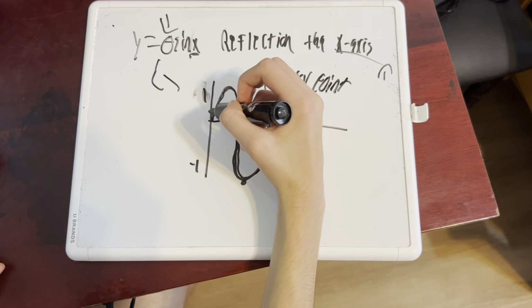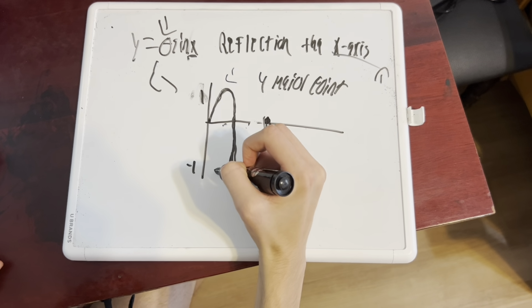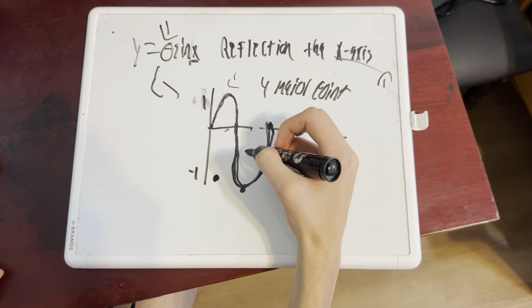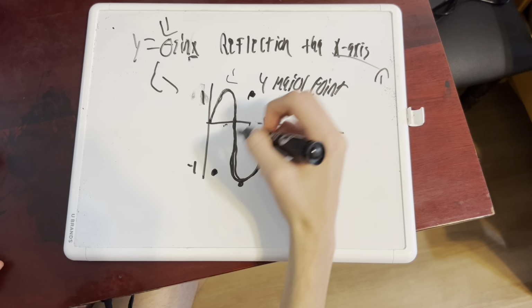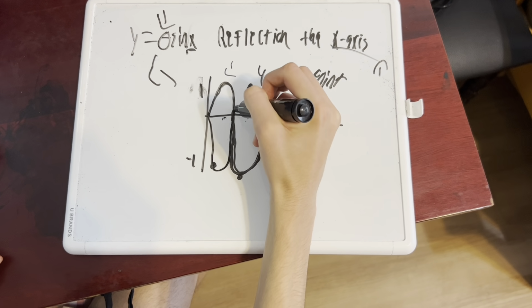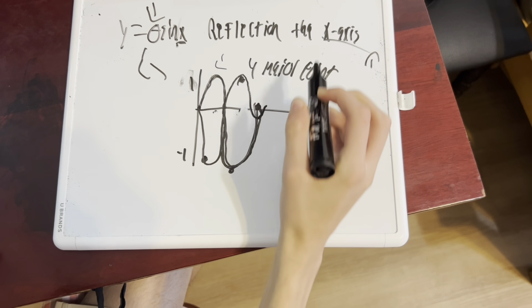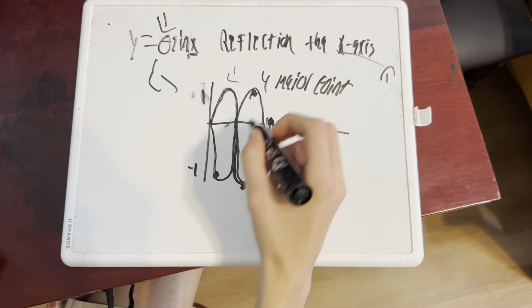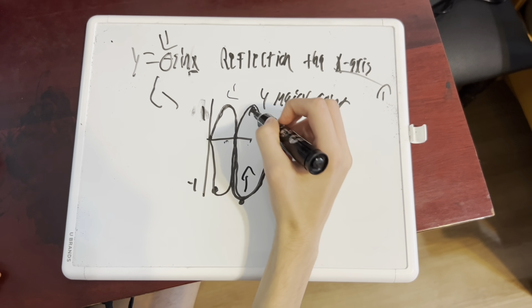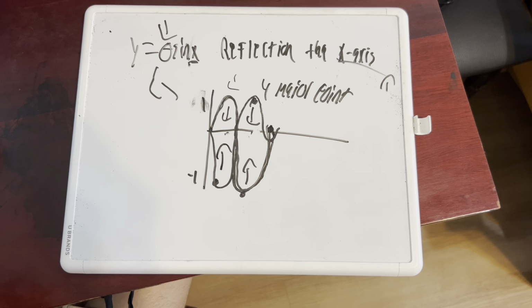A simple way of doing it: whenever you have your intercept, it is the same. Whenever you have this, just negate it to here, intercept the same. This one now negate it to here and intercept the same. So your graph will now be looking like this. Sort of like this reflection.